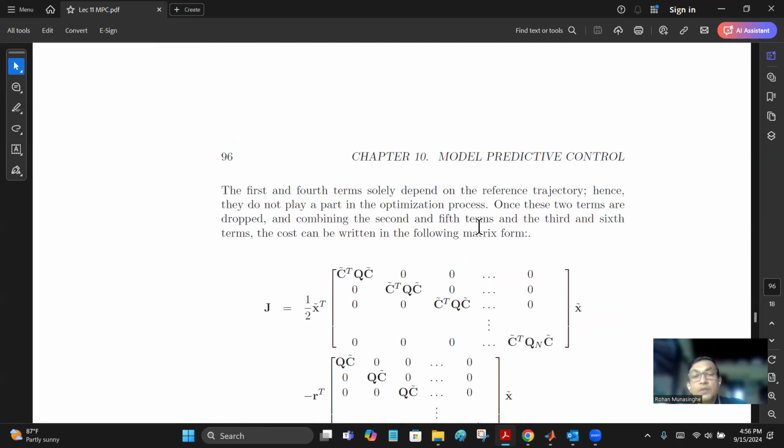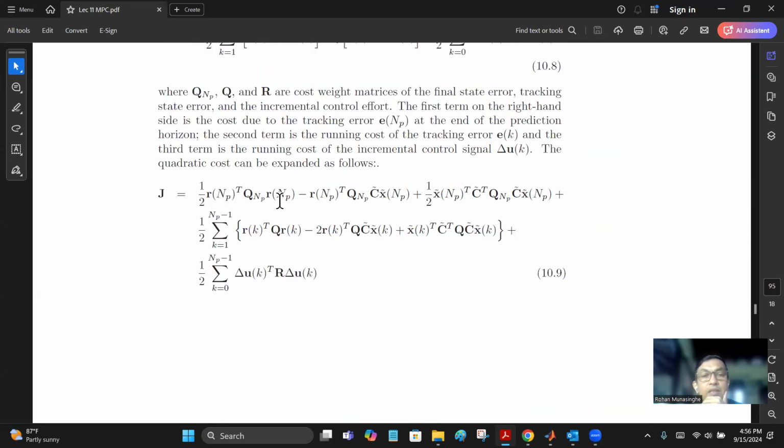Right? So likewise, you can combine some of the terms here. And also the third and sixth terms. Look at that. The third term, 1, 2, 3, which is this one, and the sixth term, 4, 5, 6. These two terms are also the same. You can see x tilde_k transpose C tilde transpose Q C tilde x tilde_k, right?